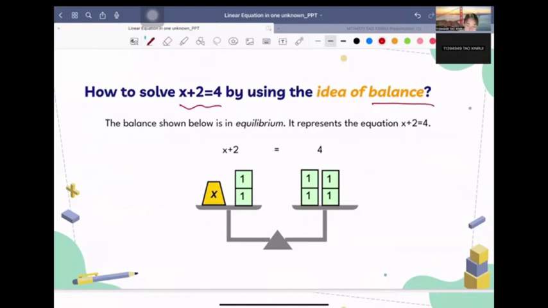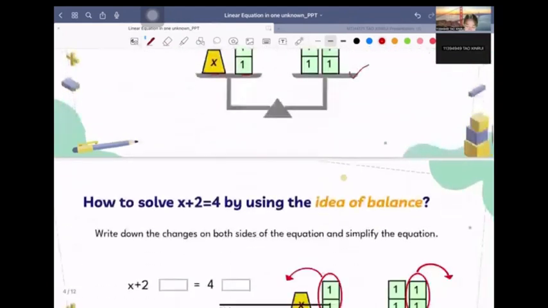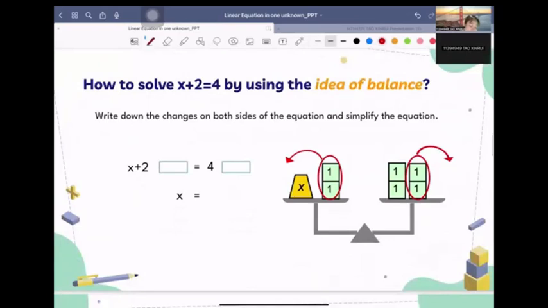The balance shown below is in equilibrium, and it represents the equation x plus 2 equals 4. We can see that there is 1 x and 2 ones on the left side, and there are 4 ones on the right hand side. So we write down the changes on both sides of the equation and simplify the equation.